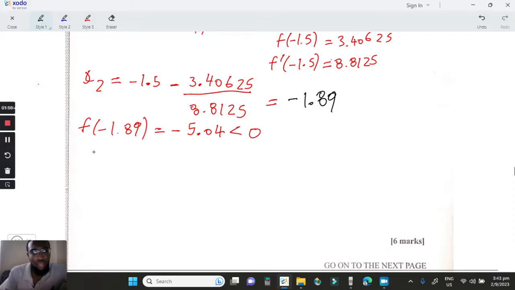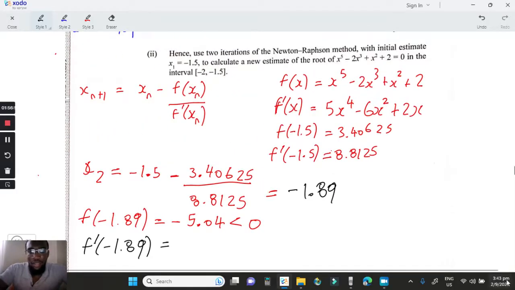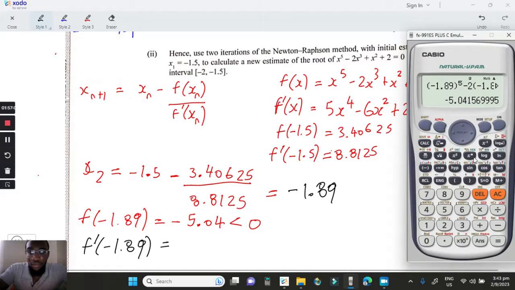So now, for the third approximated root, first we need to find the derivative at negative 1.89. Let's differentiate it and plug it in. We already differentiated the function. I'm just going to plug it in, guys.